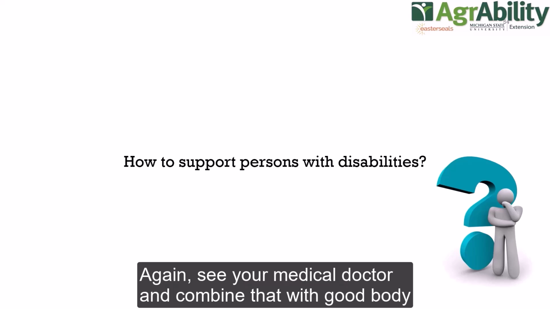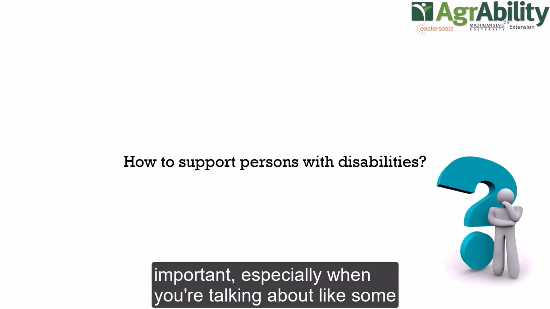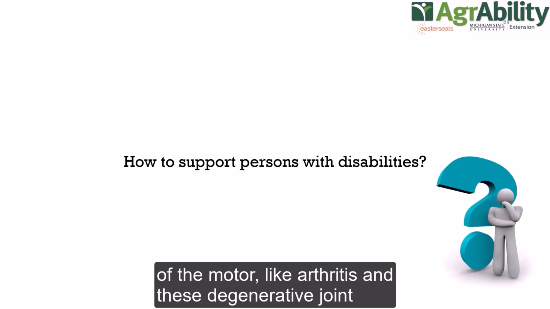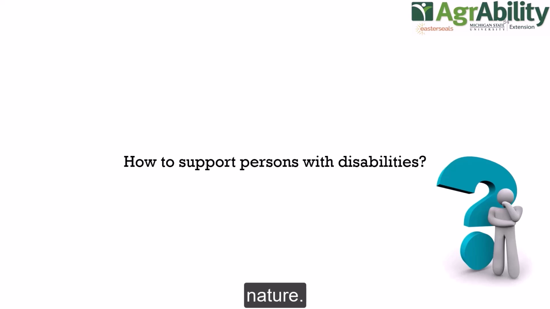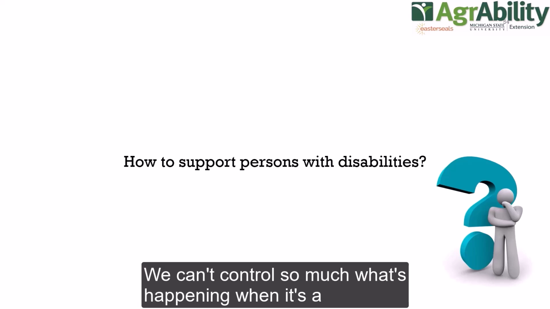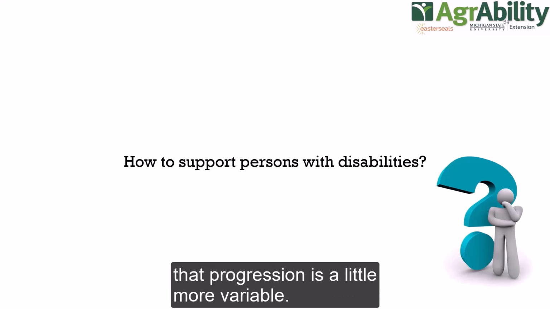Combine that with good body mechanics, and preventing a worsening condition is really important, especially with arthritis and these degenerative joint diseases, which tend to be more orthopedic in nature. We can't control so much what's happening when it's neurological, because that's coming from the brain, and that progression is a little more variable.